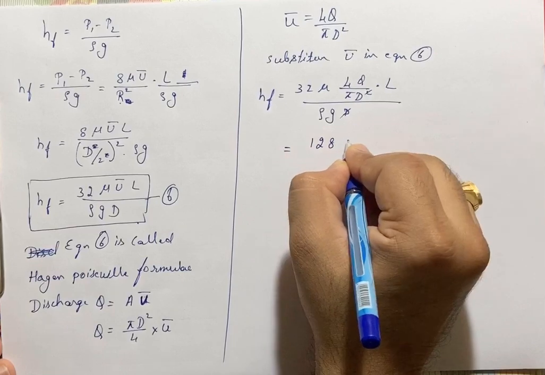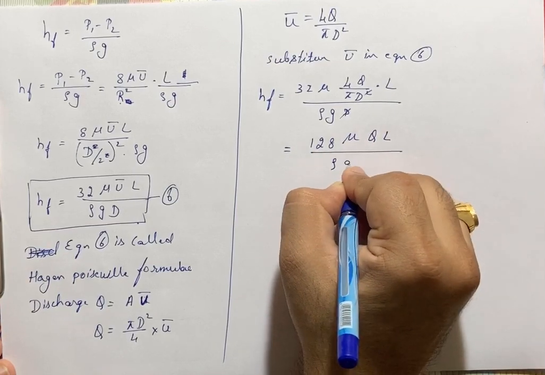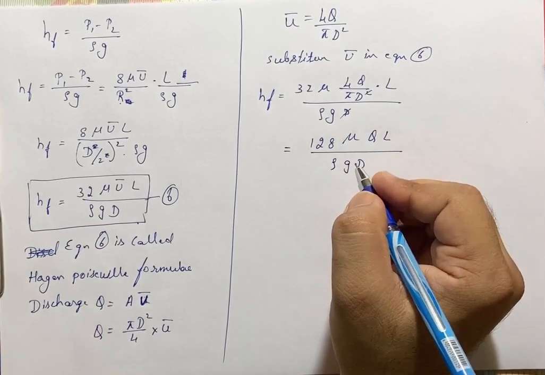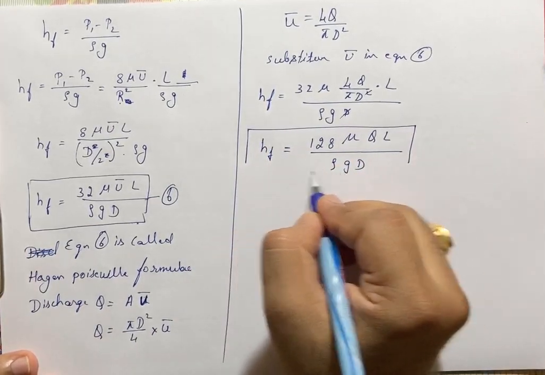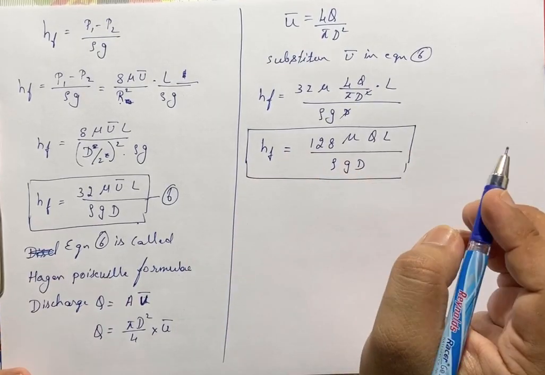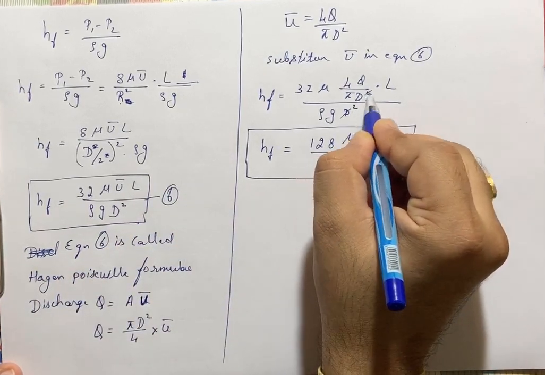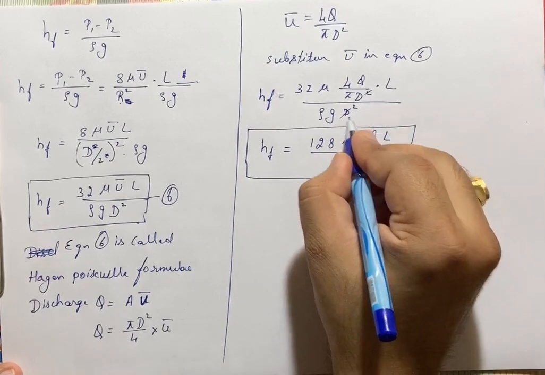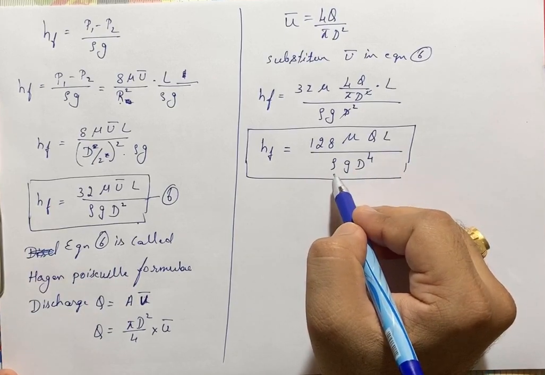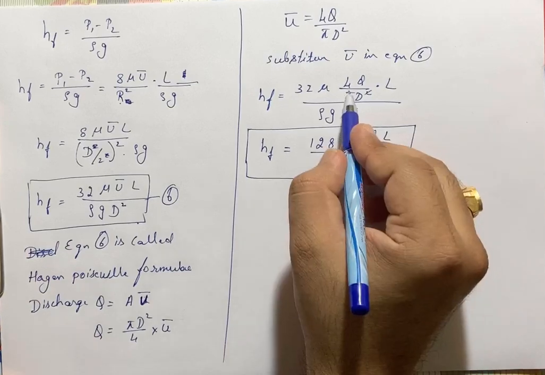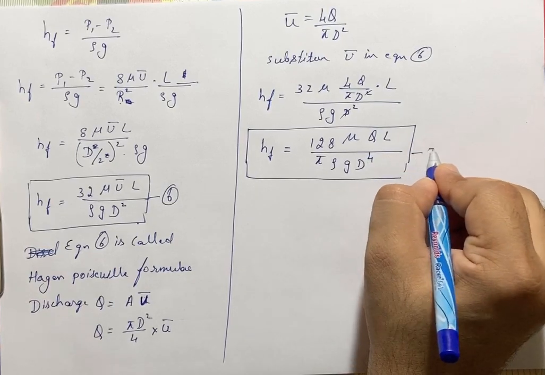So we get 128 mu Q L divided by rho g d square. This d square won't cancel off; it will multiply with the other d square, and d square into d square is d raised to 4. So HF is 128 mu Q L divided by pi rho g d raised to 4. Call this equation number 7.